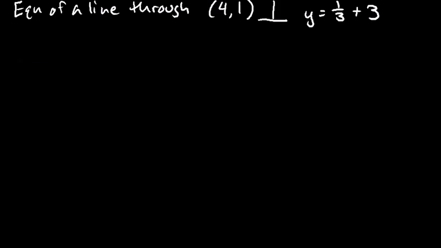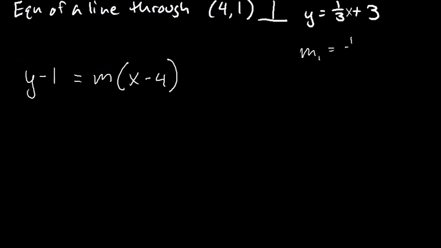Okay, equation of a line through (4, 1). So I already know my point. I don't know my slope, times x minus 4. And it is perpendicular to 1/3 x plus 3. So my current slope is 1/3.